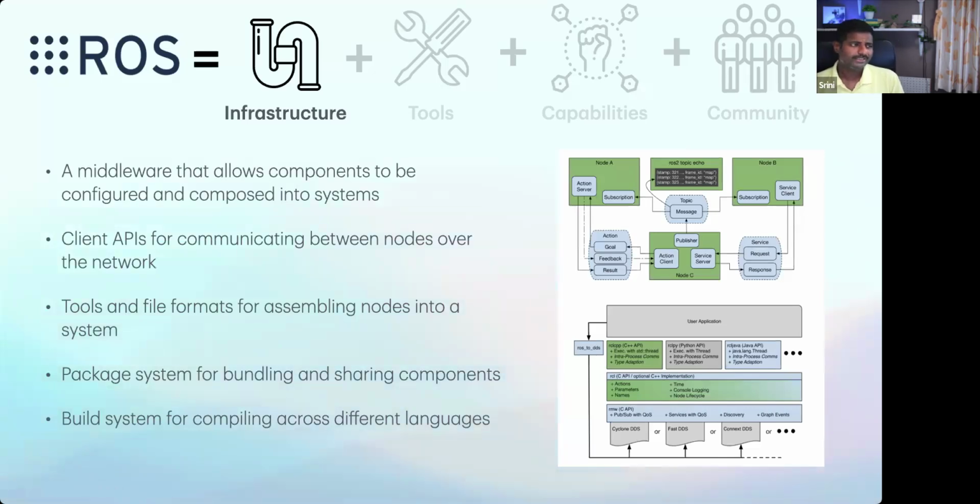In addition to that, it provides client APIs for communicating between nodes over the network. So ROS is primarily talking through the network. That's an interesting design decision that they took. It has both positives and negatives, but the positives outweigh the negatives.